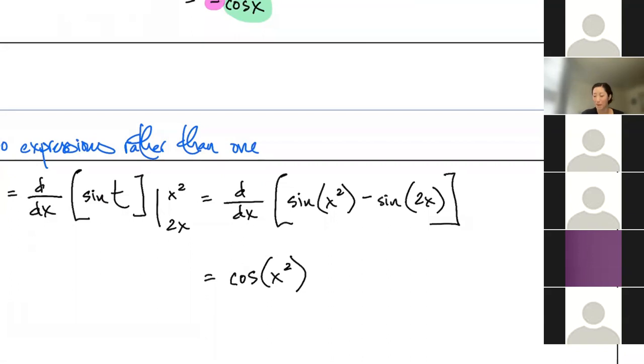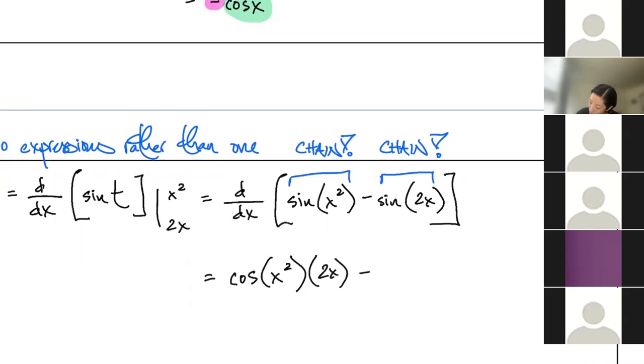Why would we be so mad? Chain rule. All right. We're taking derivatives and that inside function is not x. We better accommodate for that, right?